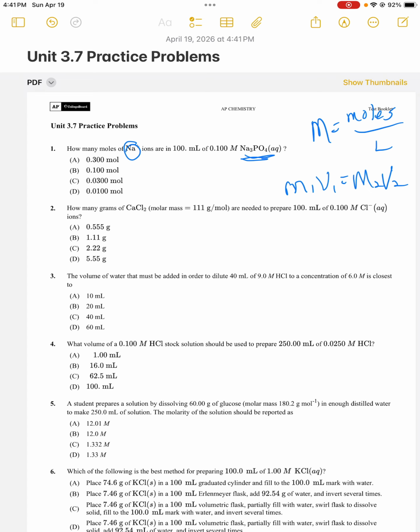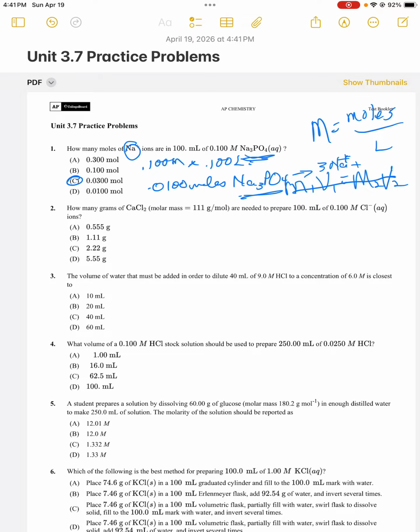So of course 0.1 molarity times 0.1 liters is 0.01 moles, but that is of the sodium phosphate. But every sodium phosphate is going to break into 3 sodium cations, and of course the phosphate. So instead of 0.01, it's going to be 0.03.